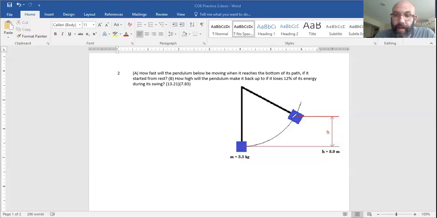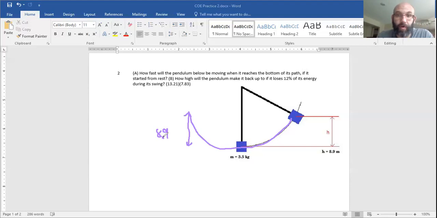If there was no energy lost, this would swing all the way over to here, to a height of 8.9 meters. It can't swing above 8.9 meters because that's all of the energy it had. It could only go to a height of 8.9 meters if gravity's the only thing propelling it back and forth.